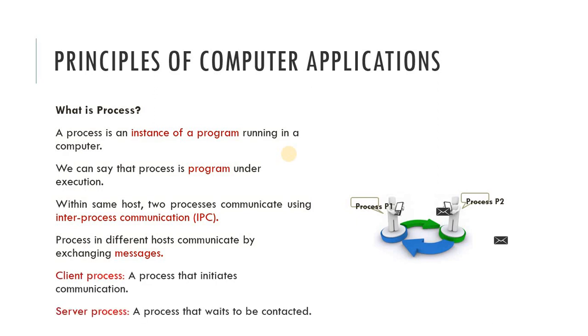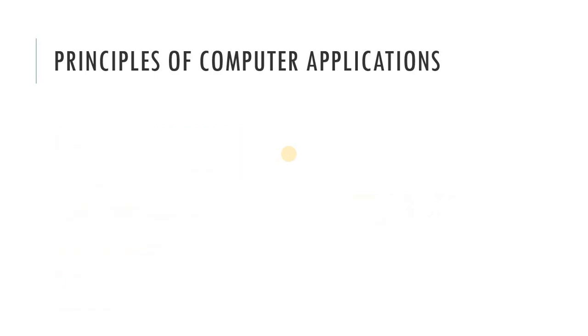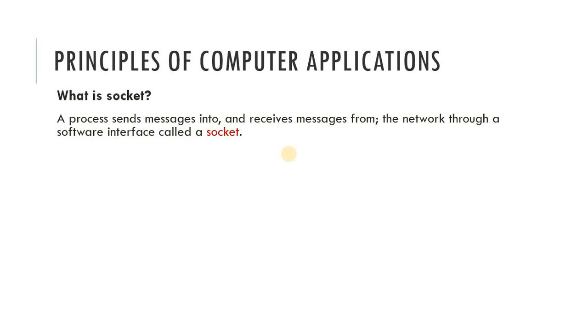There are two kinds of process, client and server. A process that initiates the communication is the client process, and the process that waits for the message is called the server.